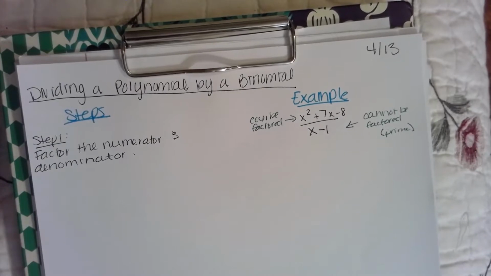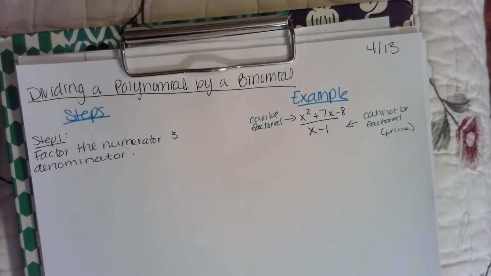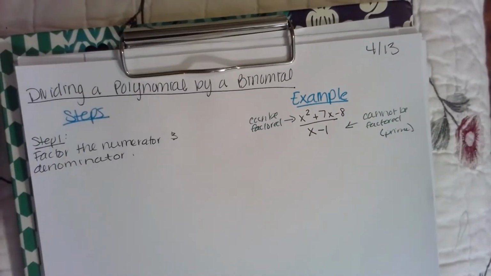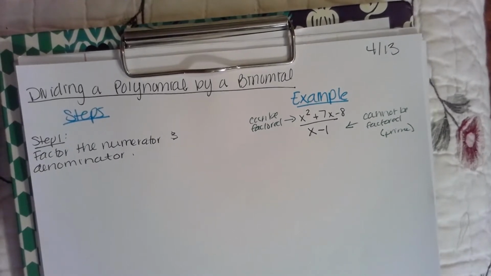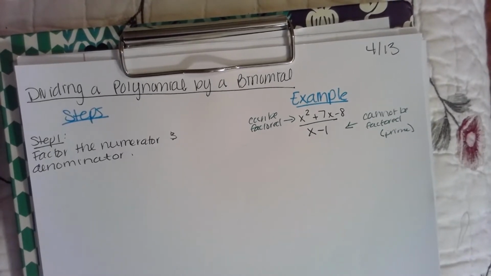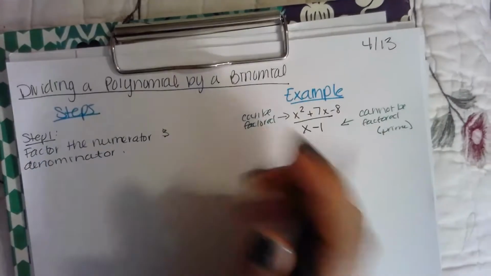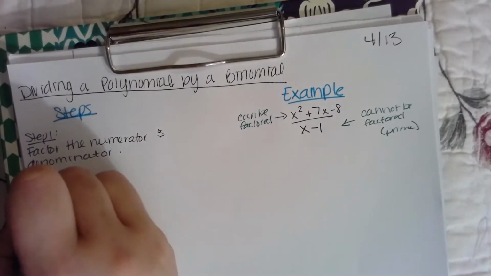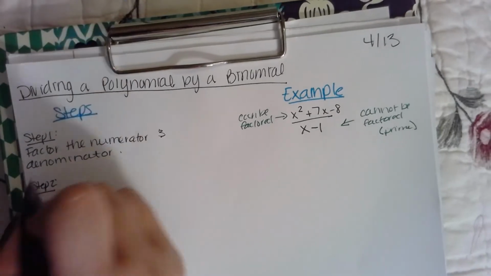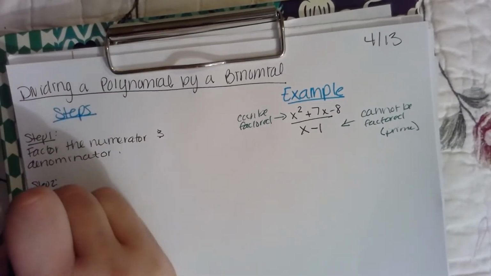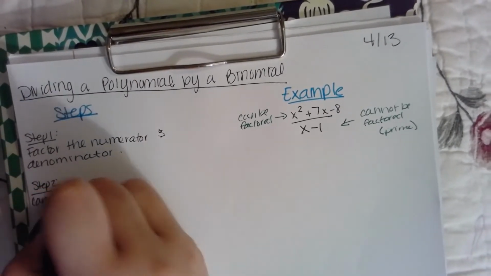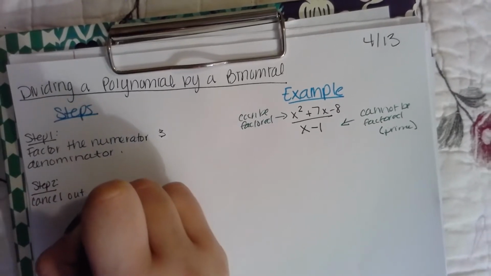Alright, so we're going to factor the top. We're going to factor our numerator. So that would be the first step. We're not actually going to factor the numerator in here, because we're about to do it in some examples. But once you have your numerator factored, you can cancel out any common factors that are in the numerator and in the denominator.